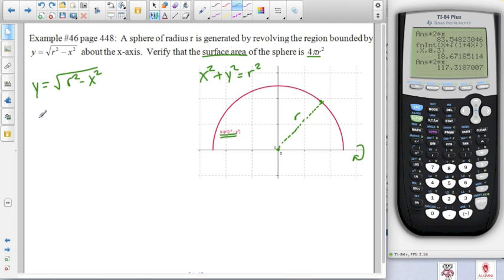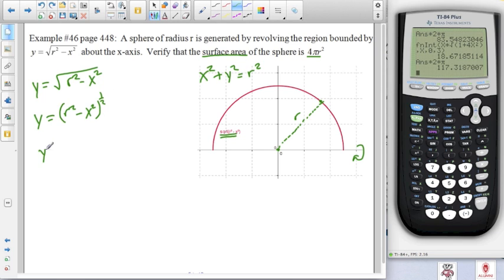And so, of course, to do this, you need to have the derivative of this function. And the derivative of this function is a little complicated, but not too bad. So looking at this function, we have r squared minus x squared to the 1/2 power.